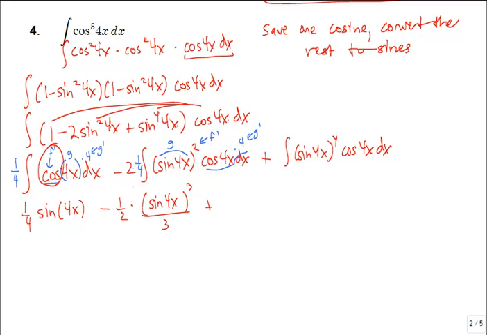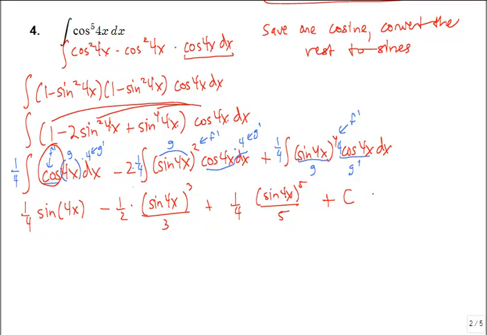Okay, and then the last one, same idea. My outer function is the 4th. Here's my g prime. I'm missing a 4 in front here, so this will be 4 times cosine of 4x, counterbalanced by a 1/4. So the 1/4 stays there, and the integral of a 4th power is a 5th over 5.